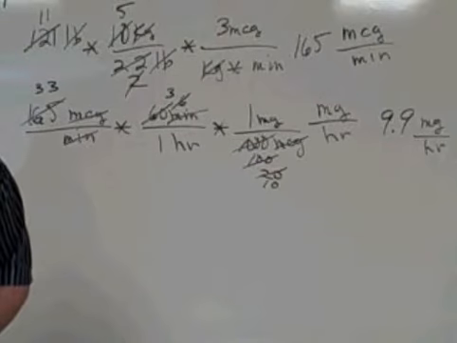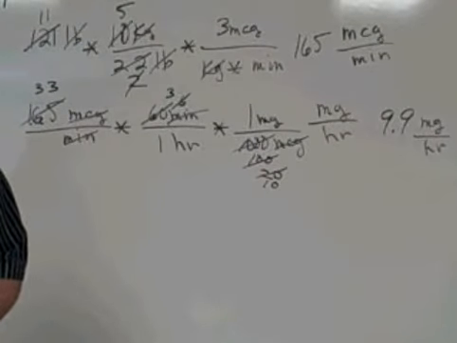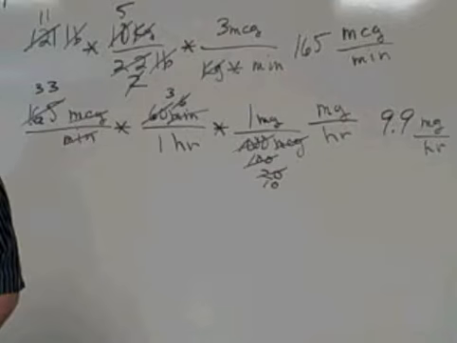Now, the last part. If the drop factor is 10 drops per milliliter, what will be the flow rate in drops per minute? Well, we've got to now get some milliliters involved here. And what information did we have there?